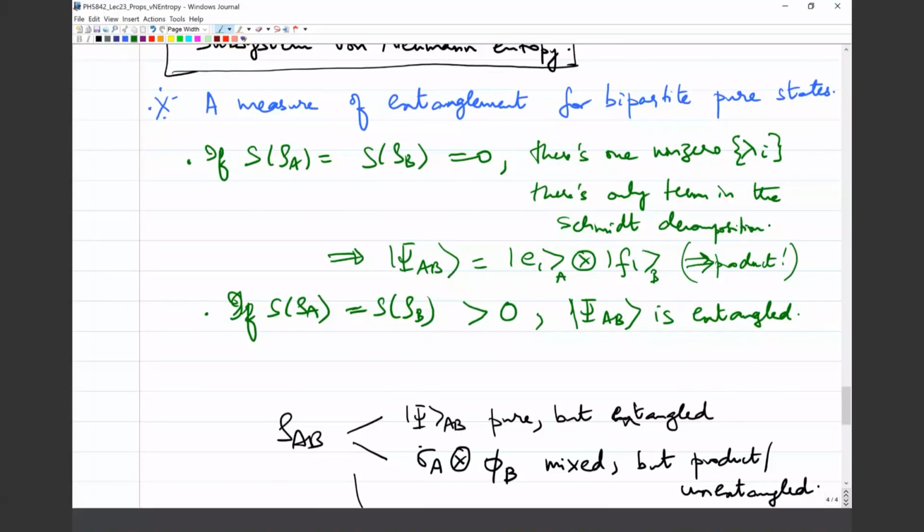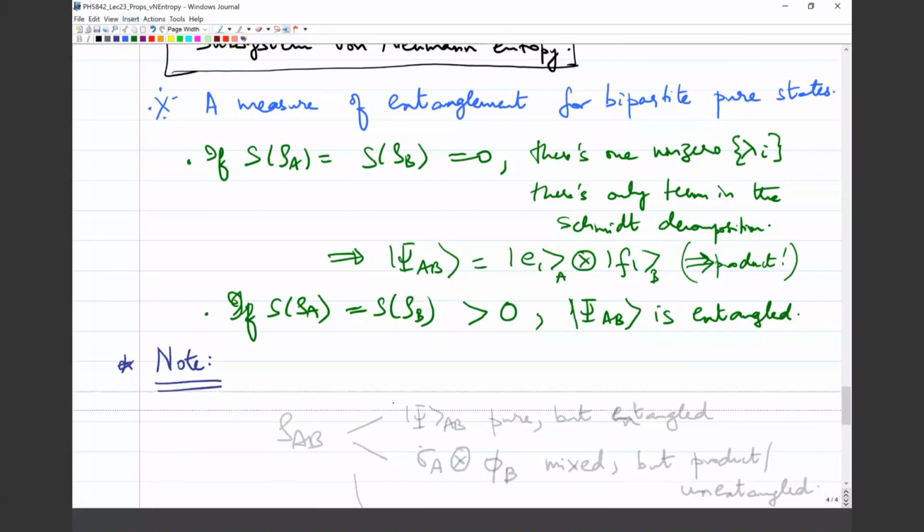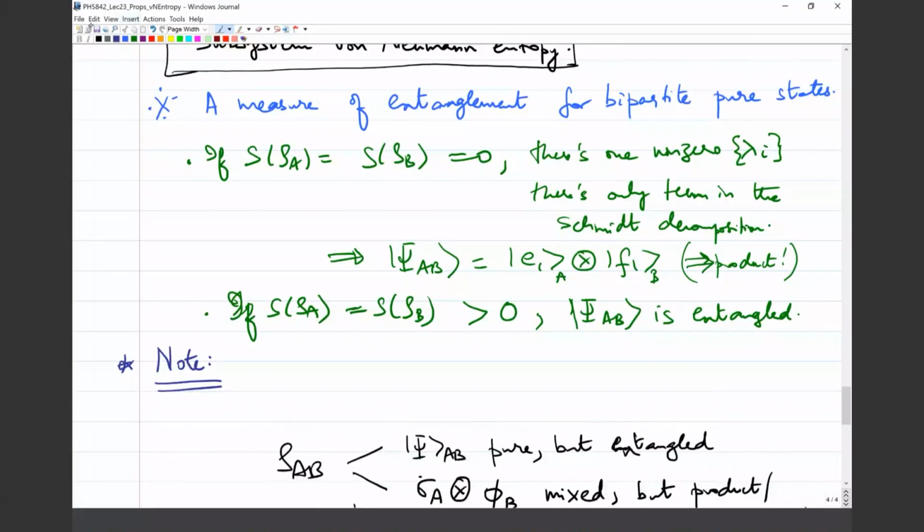Now note an interesting property. This is the last thing I want to note, and then I'll go to the subadditivity statement. So in the second case, where psi AB is entangled, right?